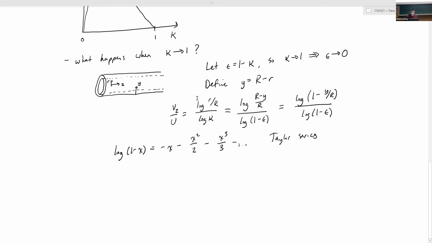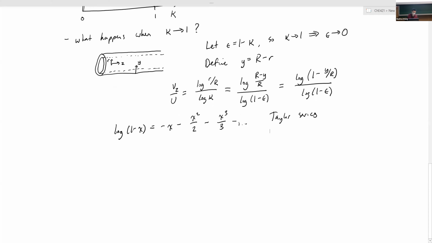And when we know that y over big R is small, and when epsilon is small, then we can just use the first term of the Taylor series. And so we get that Vz over u is equal to minus y over R over minus epsilon plus all this other stuff in the Taylor series.